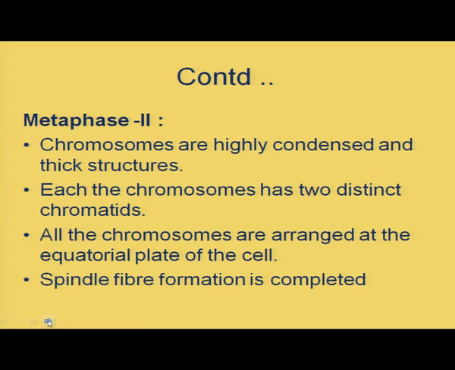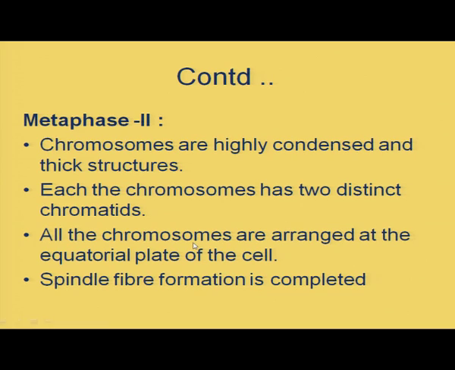Now, the next stage is the metaphase 2, and during this metaphase 2, you can see the chromosomes in a highly condensed state. They are thick and rod shaped highly condensed structures. You can clearly count and see the chromosomes during metaphase stage. Each chromosome has 2 distinct sister chromatids.